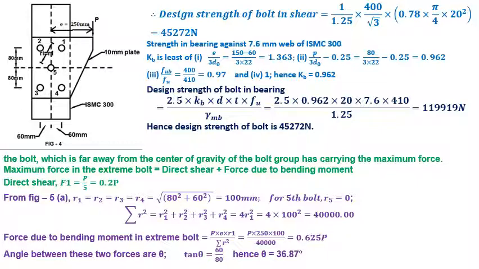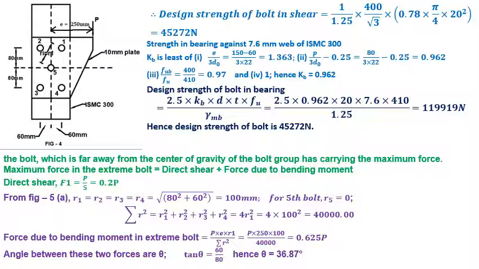Direct shear force: total force is P divided by number of bolts, which gives the direct shear force 0.2 P. In present case, the radial distances from CG of the bolt group of the extreme bolts are all equal, that is R1 equals R2 equals R3 equals R4, equal to the square root of 80 square plus 60 square, which comes out to be 100 millimeter, and the radial distance of fifth bolt from the CG of bolt group is equal to 0.